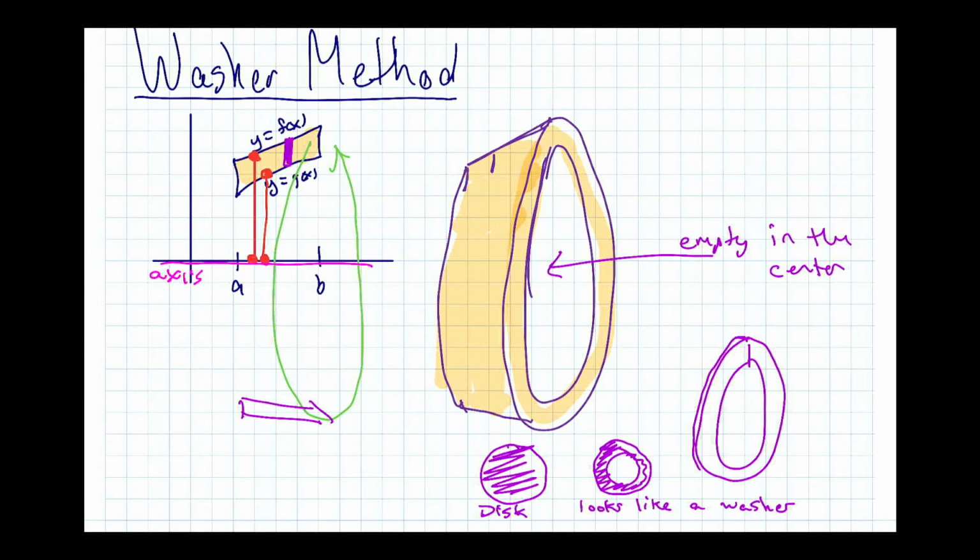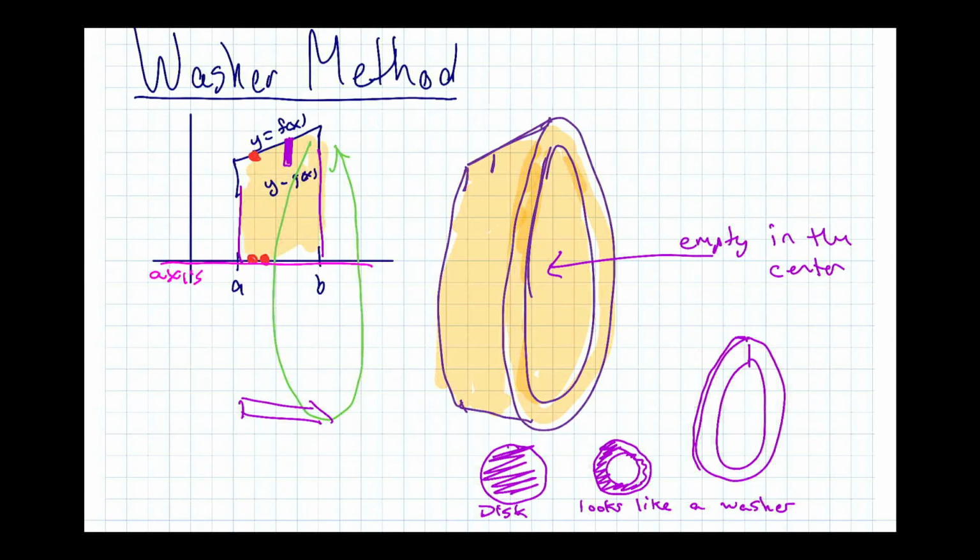And it turns out that it's not really that hard to do, because if you think about it, this is no different than, I think, 2 or 3 lectures ago when we did area between curves, right? If there was no bottom curve here and you calculated this volume, then all of this would be filled in, and that would be the disk method.